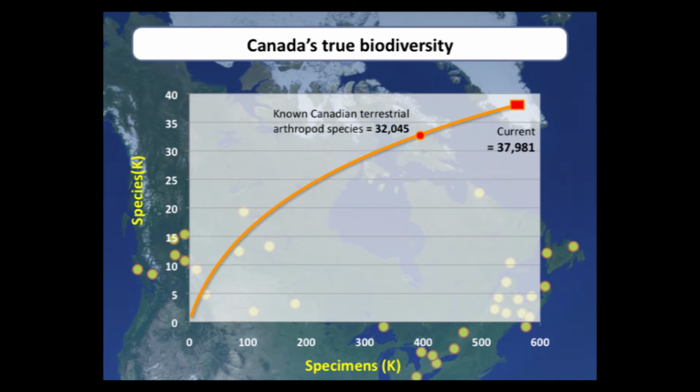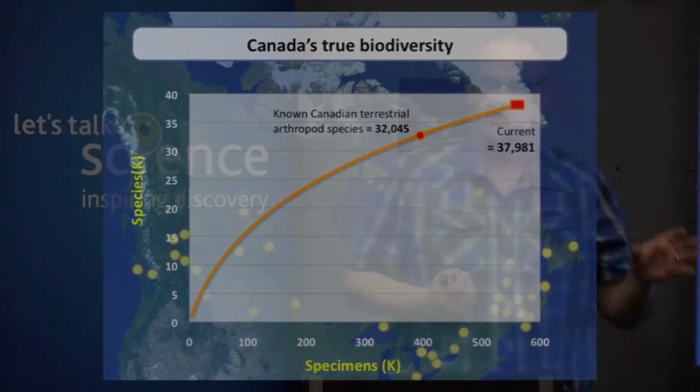Known so far in Canada's checklists by experts are about 32,000. So we already have 6,000 more than we knew. And it's a known fact among experts that we have underestimated diversity in every corner of the planet, but even in Canada, which is sort of uniform, has a lot of ice cover, there's a lot of diversity we don't know. We're not even done.